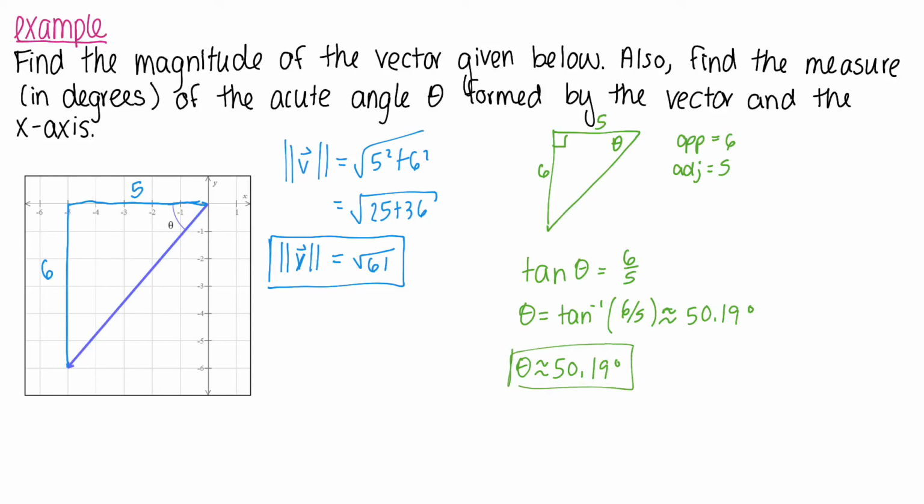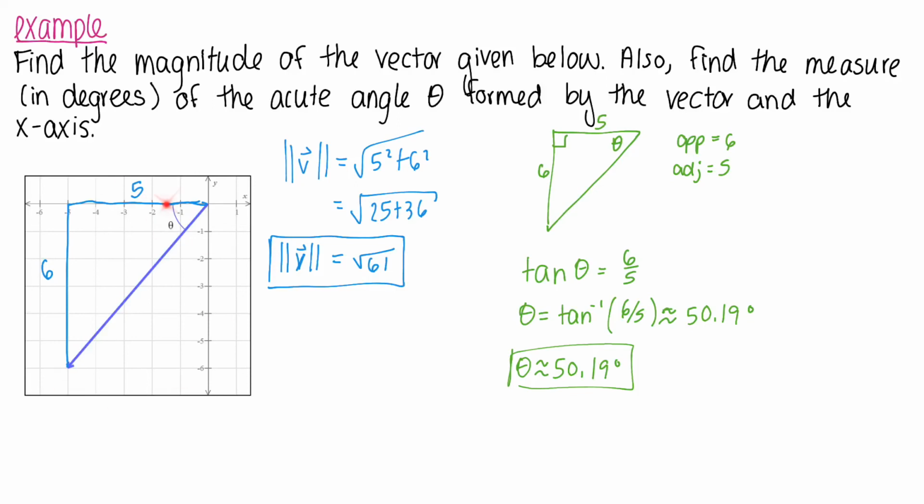So you're going to be doing a bunch of different things in this section. There's a bunch of different ways that vectors can be represented, and it's important to know all of them. Vectors won't become super important again in your life until you either take physics or calculus 3, so it will be some time before you see them again, but they will come back and they will be important.